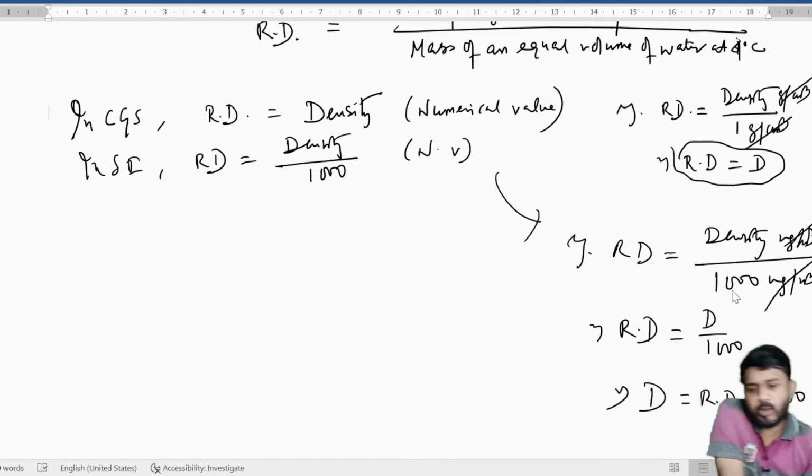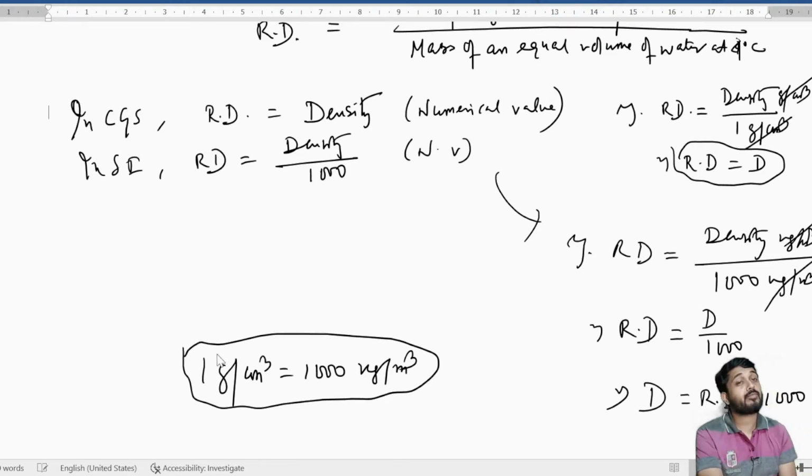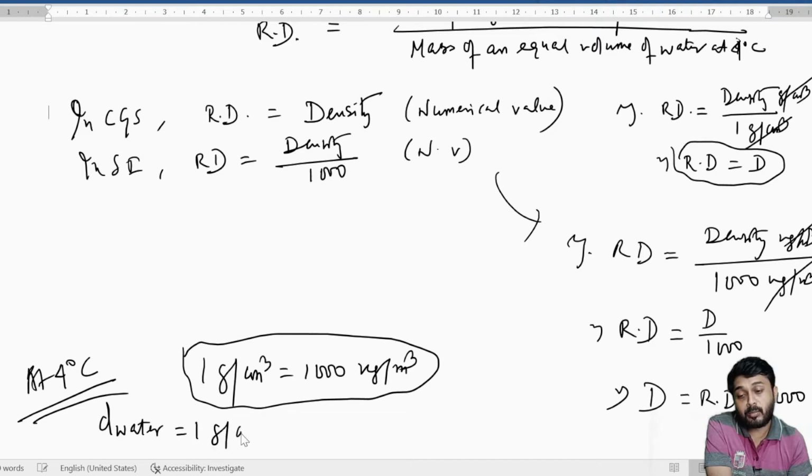Yes, the density of water in SI is 1000 kg per meter cube, because you know 1 gram per centimeter cube is equal to 1000 kg per meter cube. That is the relation between CGS and SI unit of density, which I have shown you just some time ago, isn't it? So at 4 degrees Celsius, density of water is 1 gram per centimeter cube, and that is same as 1000 kg per meter cube.